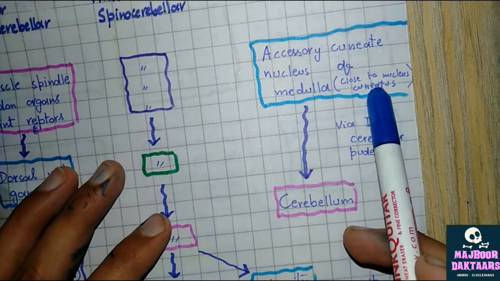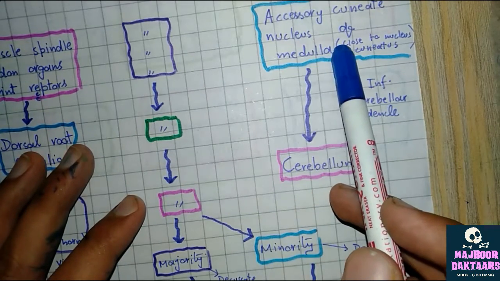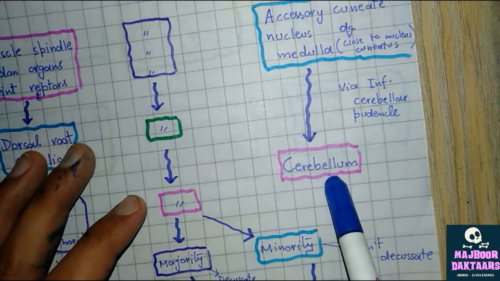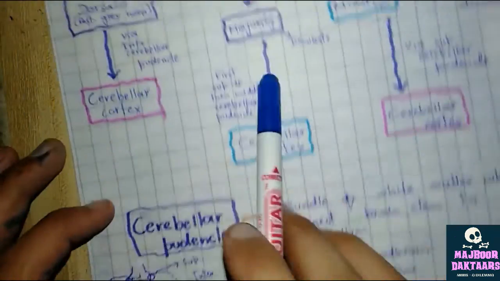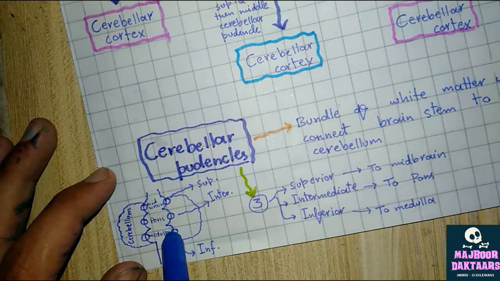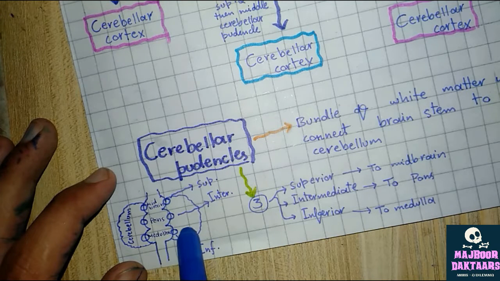We have talked about it earlier. The fibers arise and move to the cerebellum via the inferior cerebellar peduncle, which connects the cerebellum to the medulla. So they reach the medulla, pass through the inferior cerebellar peduncle and enter the cerebellum.